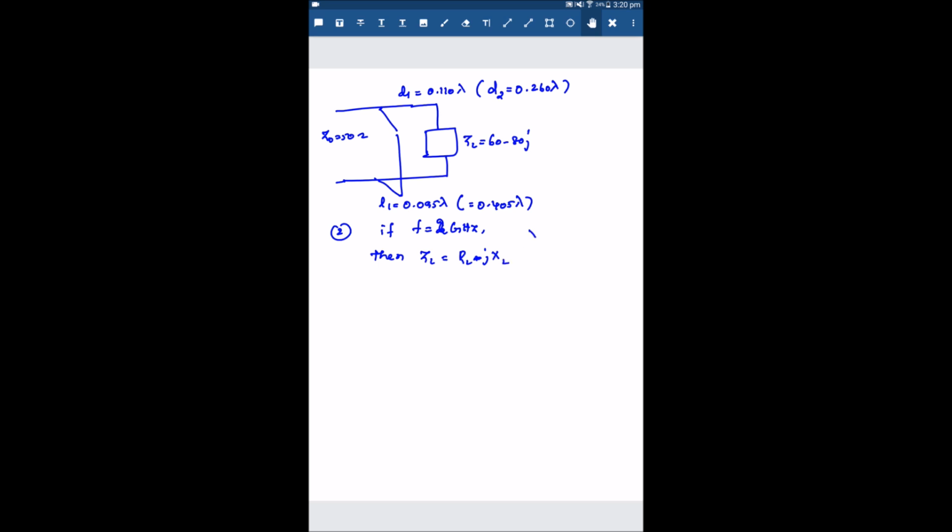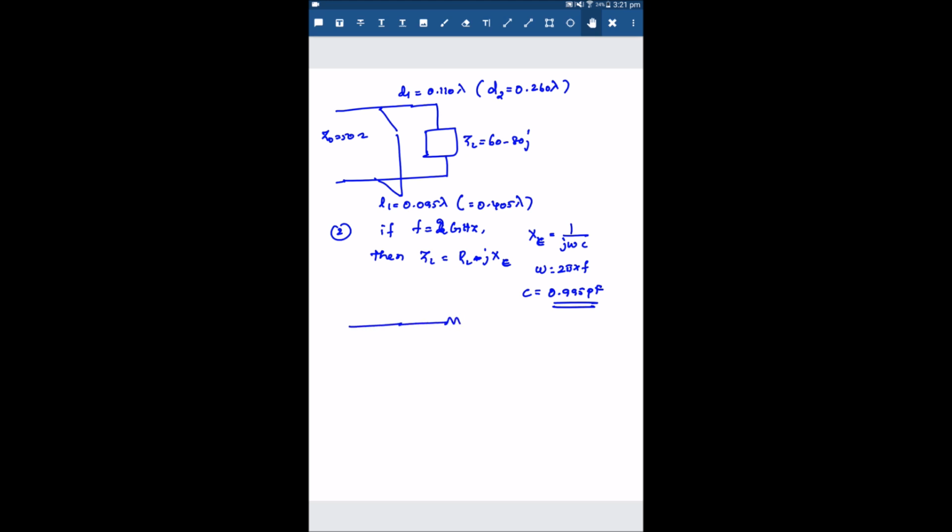So XL is nothing but, this is XC for a capacitance, 1 by j omega C. So if I put omega equal to 2 pi f, I will get C is roughly 0.995 picofarad.